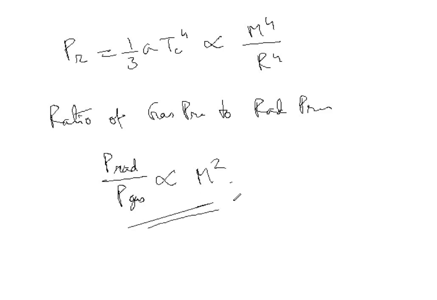This is proportional to m square. So I am basically writing in a different way. It is radiation by gas pressure, and this shows that radiation by gas is proportional to m square.